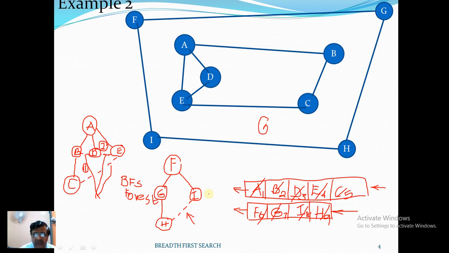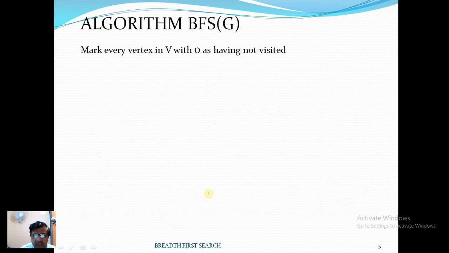So with this we will complete writing the algorithm of BFS. You should carefully follow me. The BFS algorithm traverses a graph. The input for this algorithm is the set of vertices and the set of edges.